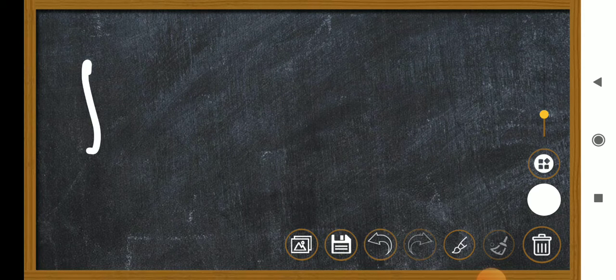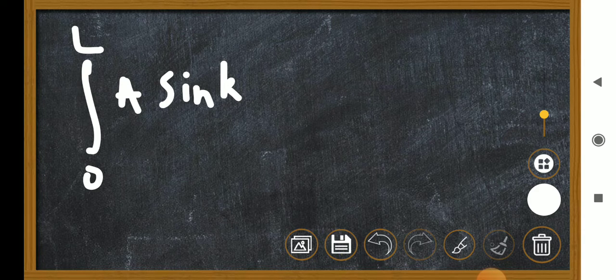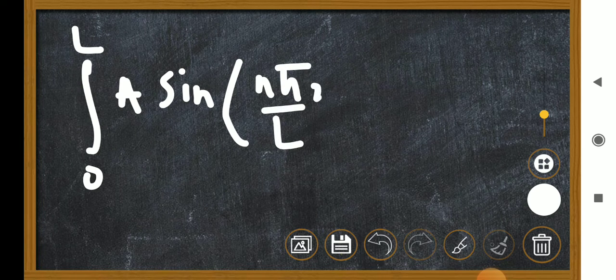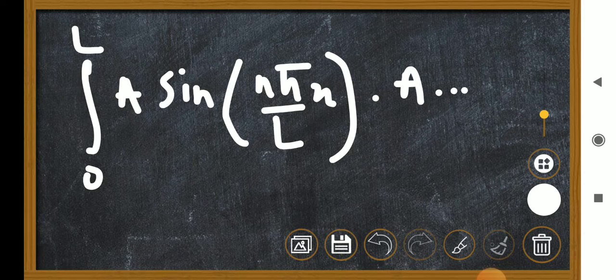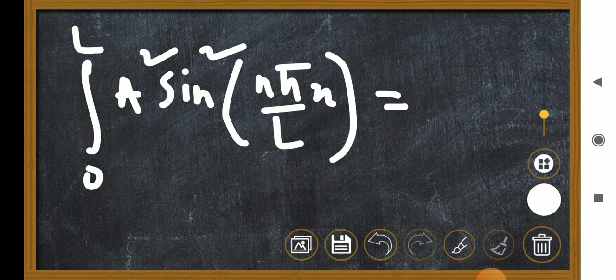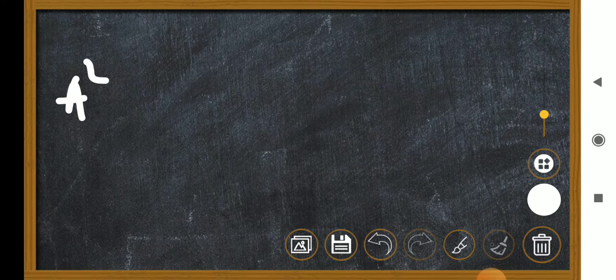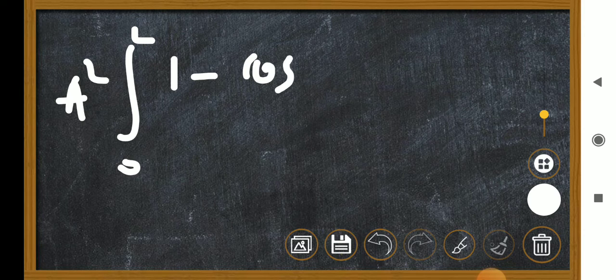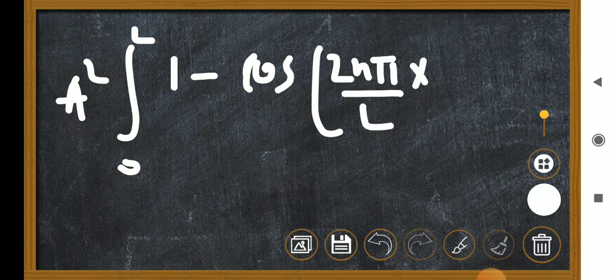So our range starts from 0 to L. Because we are putting psi star psi, and there is no imaginary factor, we can write it as a square sine square of n pi by L x, this whole equal to 1, or a square integral from 0 to L of 1 minus, using this identity, cos of 2 n pi by L x dx. Oh, I forgot that, we have to write dx.